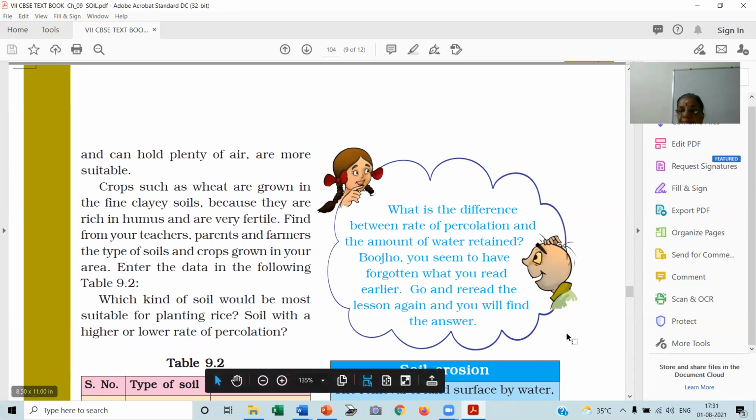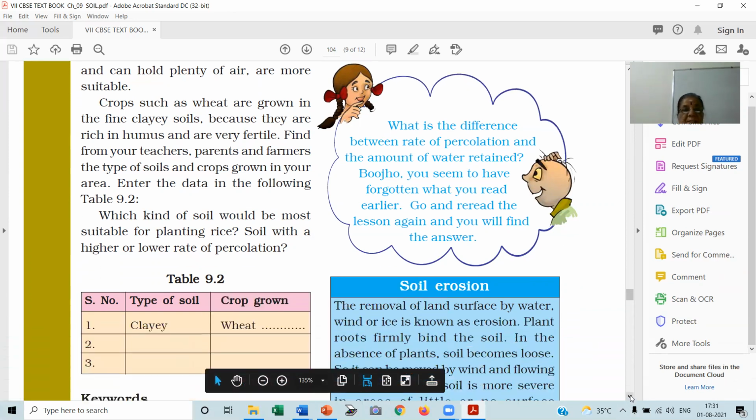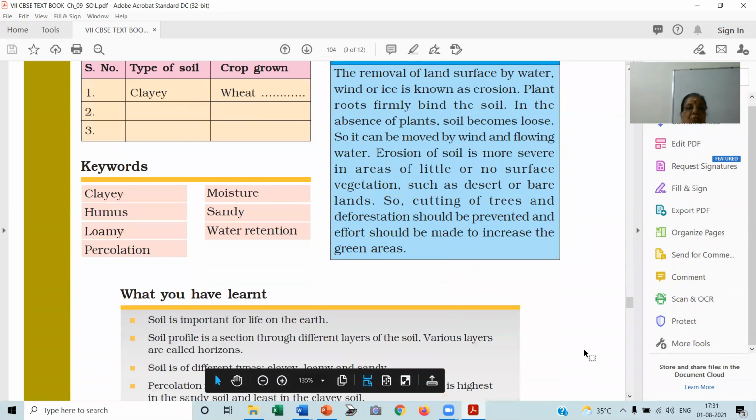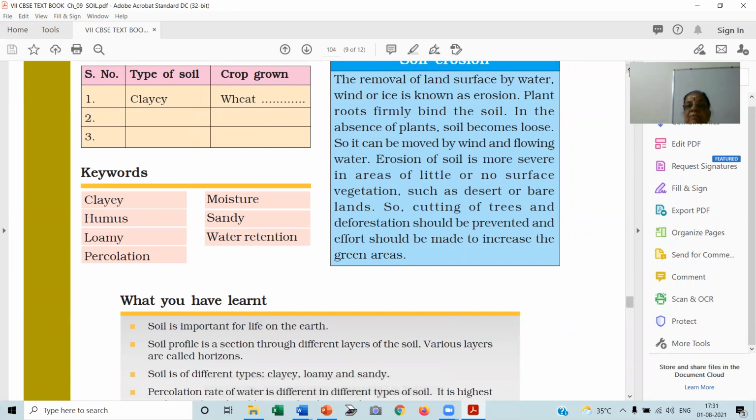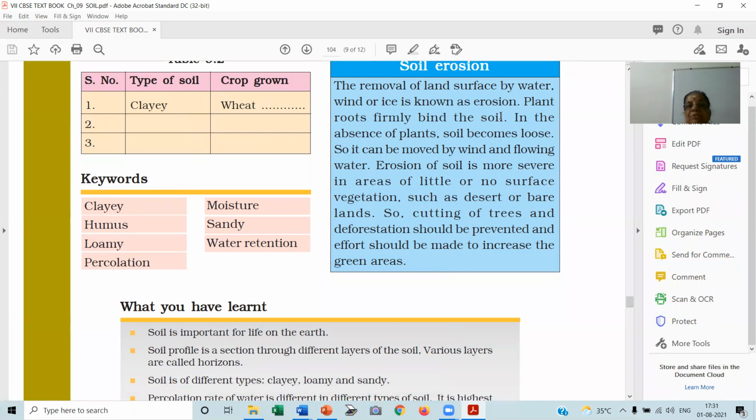So that is for the soil lesson. Soil erosion. We have learned soil erosion. The removal of the surface soil by water, wind and ice is known as soil erosion. Plant roots firmly bind the soil. In the absence of plants, soil becomes loose, so it can be moved by wind and flowing water.